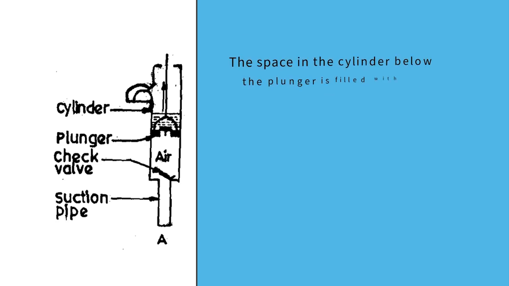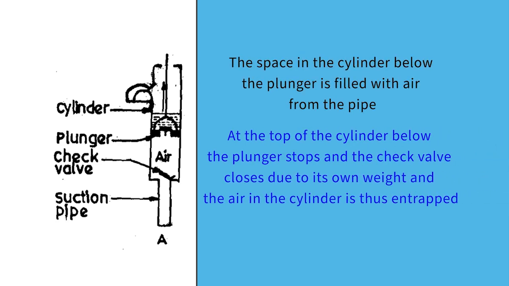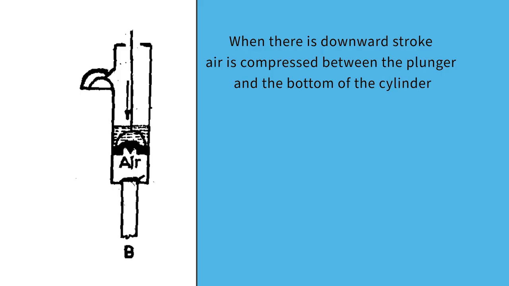Now, the space in the cylinder below the plunger is filled with air from the pipe. At the top of the cylinder, the plunger stops, and the check valve closes due to its own weight, and the air in the cylinder is thus entrapped. Now position B, shown in the figure.